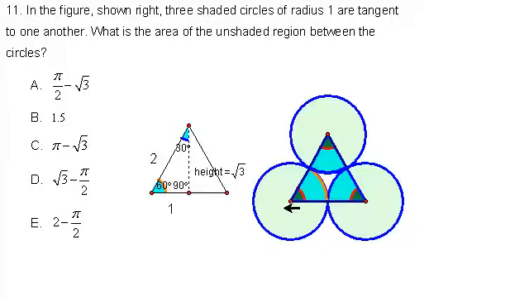The radius is 1, so each side of this equilateral triangle is going to be 2, as shown here. First I will find the area of this triangle, and then I will find the combined area of the three sectors. This sector, this sector, and this sector, and I will take that away from the area of this equilateral triangle.